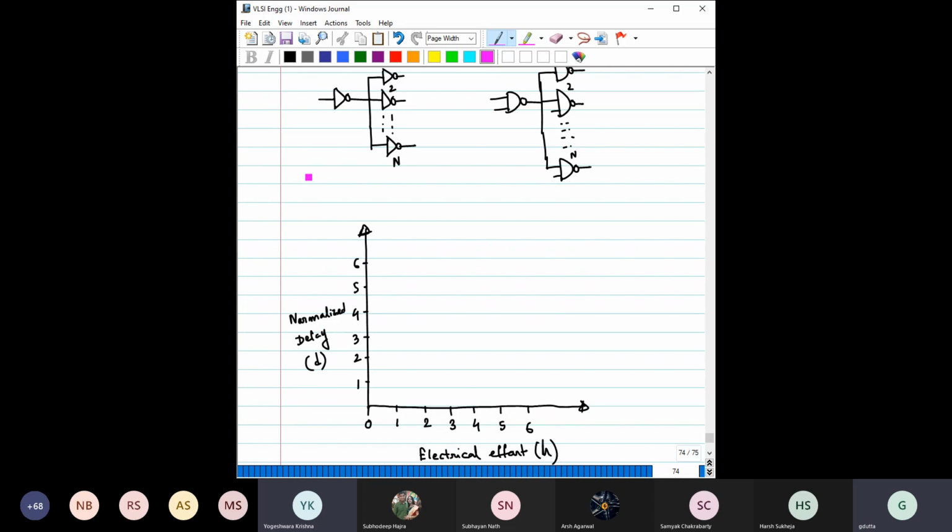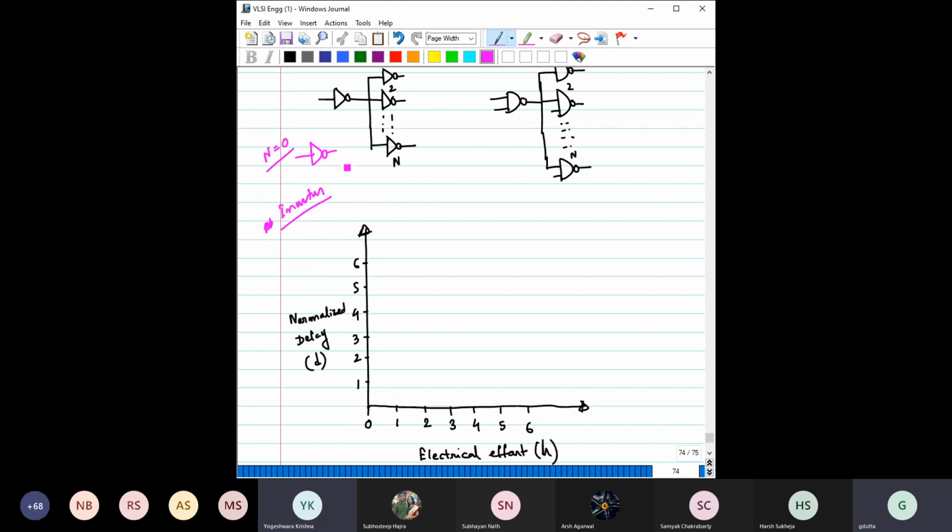Okay. So let us start with this inverter. Let us fix this inverter. Say we have fixed this pink color. For this inverter, say this inverter is not driving any gate. So let's say n is equal to 0, so not driving any gate.